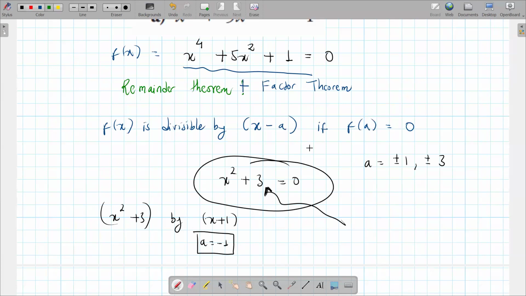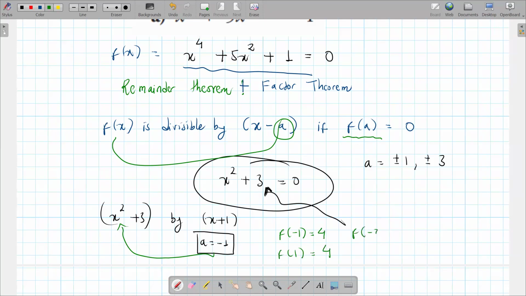All you do is plug the a value into the function. That's what f of a means: you plug that a value into the function and see what number you get. So when I plug in -1, f of -1 is -1 squared, 1, plus 3, 4. F of +1 is also 4.